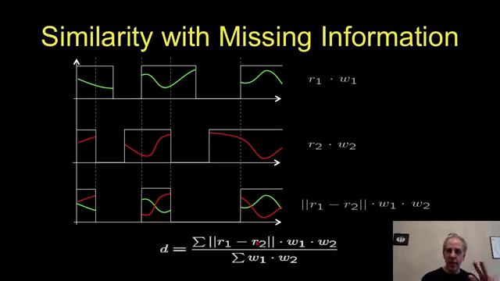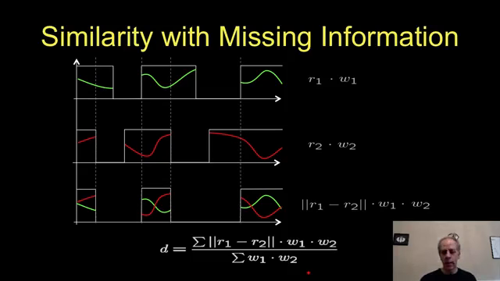You take the difference between the images, but you only consider where both of them are available. And of course, you have to normalize by the amount of energy that you have per signal. That's written here, and it's standard. Otherwise, this distance will depend on how much overlap you found, and we need to normalize for that. So that's the distance that we are going to use to illustrate the examples in the next few slides.